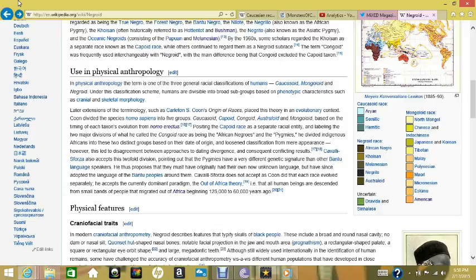By the 1960s some scholars considered them as a separate race, known as the Capsian race, while others continued to classify them as Negroid sub-races. The term Capoid was used interchangeably with the Negroid, with the main difference being the Capoid classification.